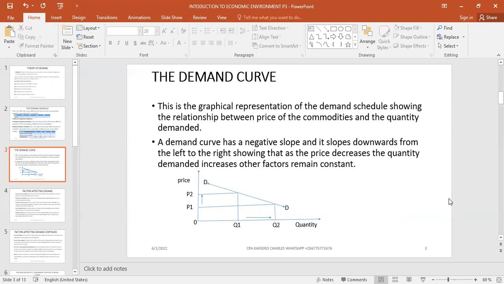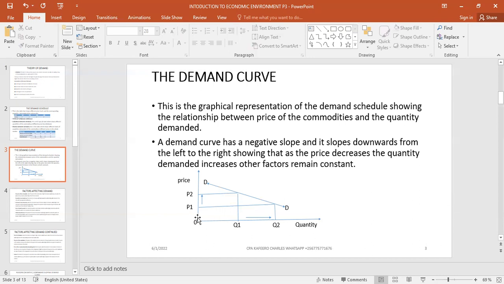So this forms a negative slope, or the demand curve starts to slope downwards. When you see that happening, you just know that this demand is following the law of demand, that when the prices are increasing, we expect the quantity demanded to be reducing.